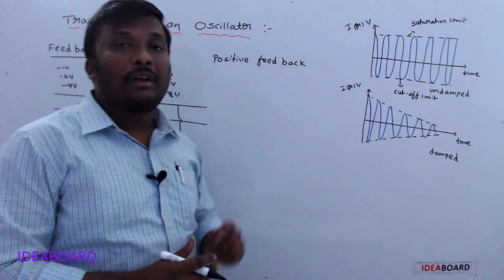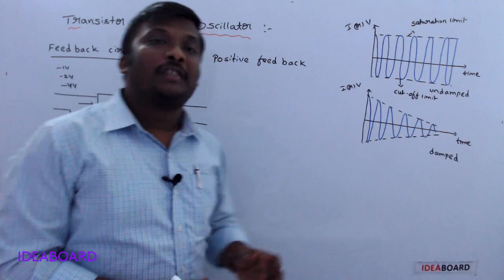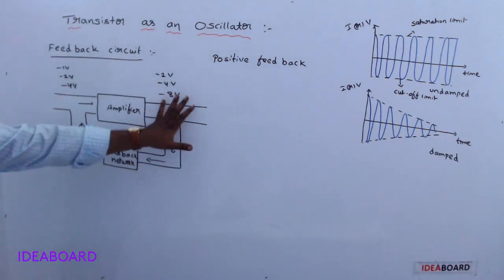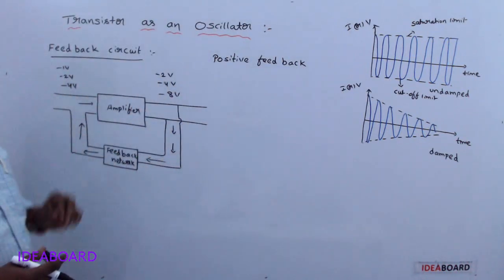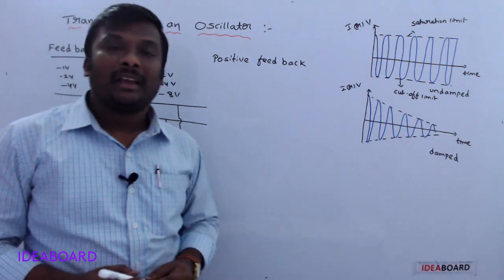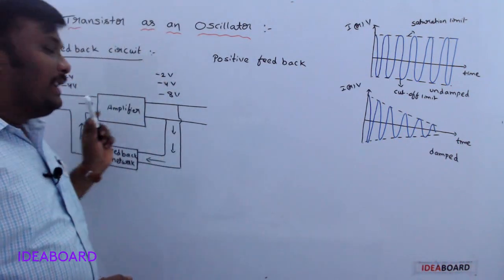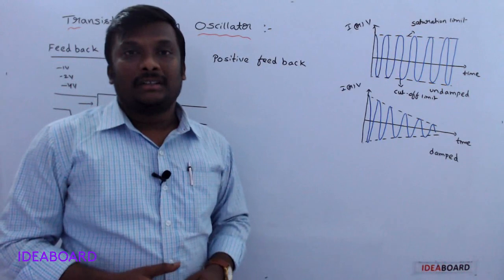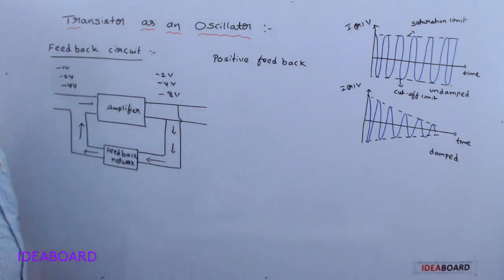But for an oscillator, we require only positive feedback. Positive feedback means the feedback is always in phase with the input. Clear? This is the second point, called the feedback circuit.